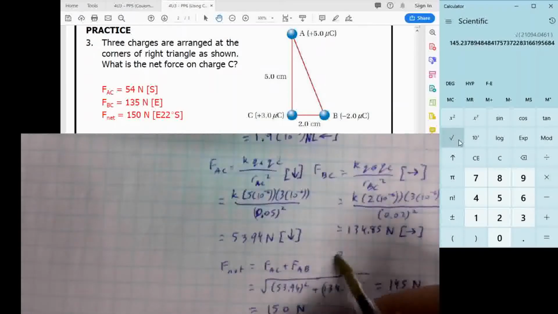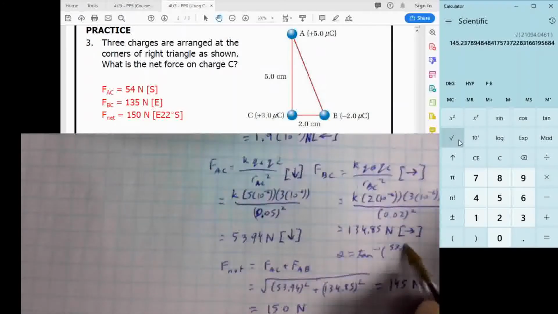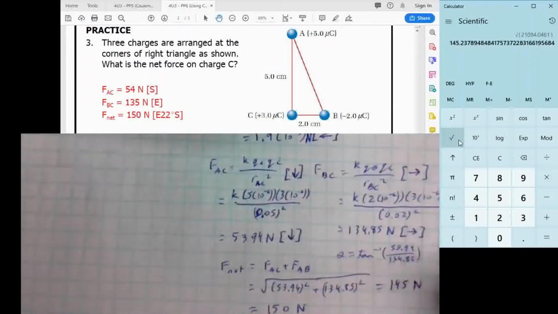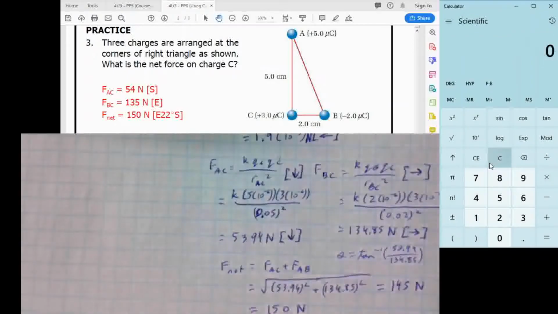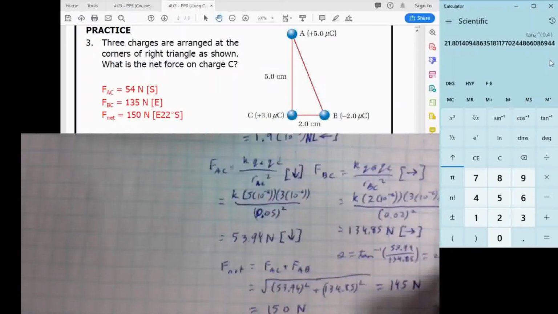I'll also have to find the angle, which is the inverse tangent of the smaller value, the 53.94, over the larger value, the 134.85. So 53.94 divided by 134.85 is 0.4, and if I find the inverse tangent of that, I end up with 21.8 or 22 degrees.